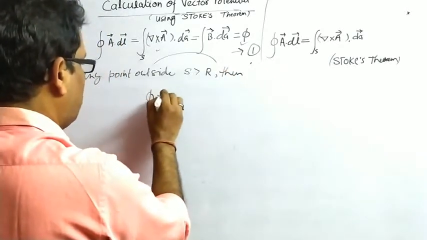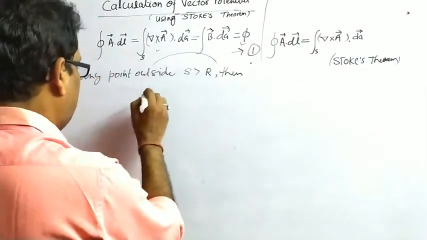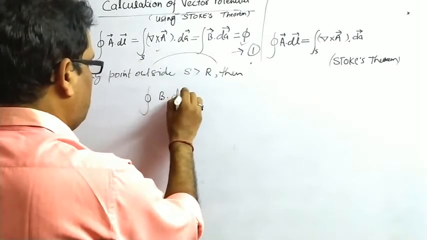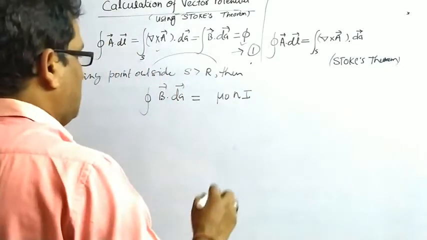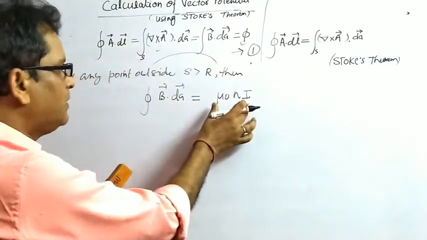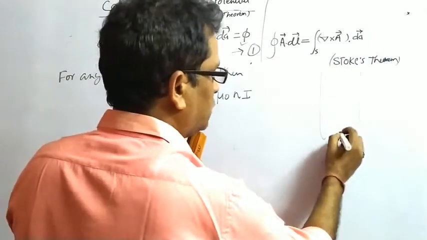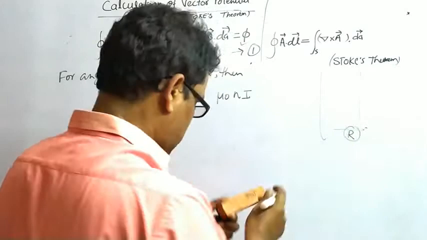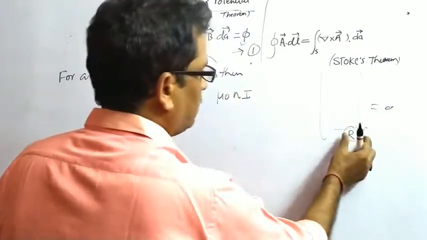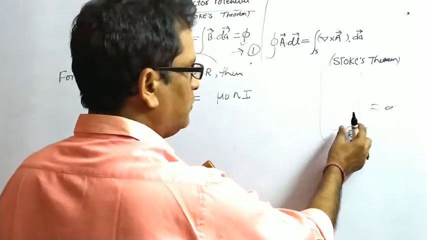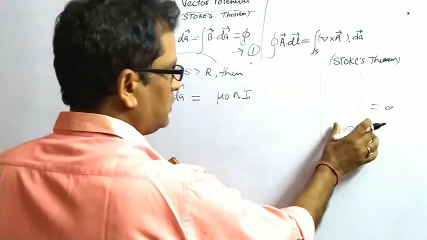Flux φ is equal to B dot dA, is equal to B is μ0 n I. μ0 n I, B हमने किस लिए लिखा? केवल सोलोनॉइड के सरफेस तक, यानी r डिस्टेंस तक के लिए हमने लिया हुआ है B की वैल्यू, बिकॉज आउटसाइड इस सोलोनॉइड से बाहर तो फील्ड 0 है. सो केवल इतने तक की हम बात कर रहे हैं. तो फ्लक्स भी हम केवल इतने तक का ही लेंगे. तो इसका एरिया होगा πr².